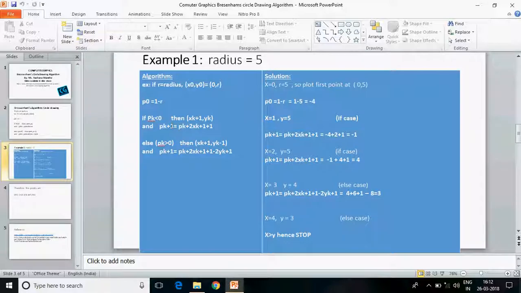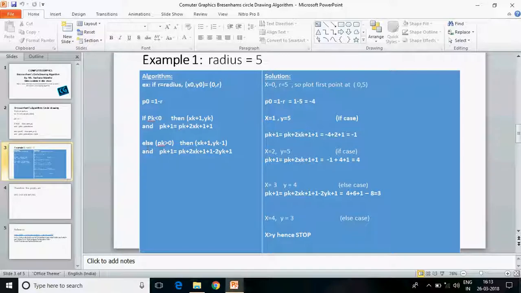Again minus 1 is less than 0, so again we are in the if condition. Xk plus 1, yk, so x becomes 1 plus 1, 2, and 5 remains the same, and pk plus 1 equals the old pk value, that is minus 1, plus 2 times xk plus 1, 2 times 2, 4, plus 1, and the new decision parameter is equal to 4.